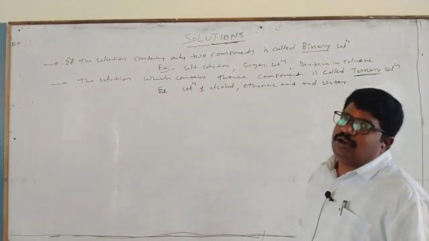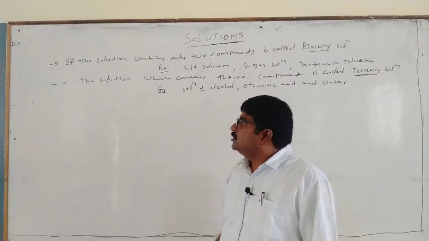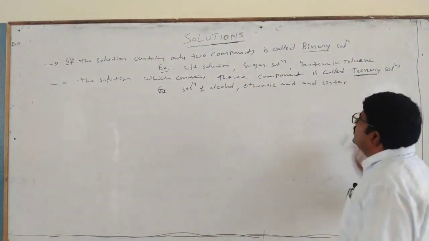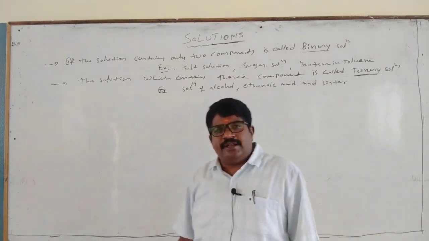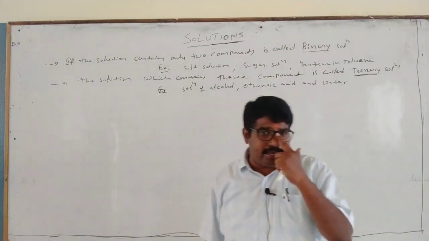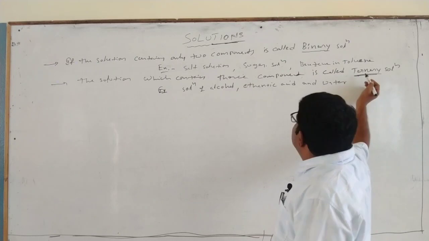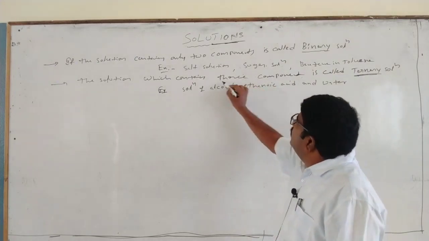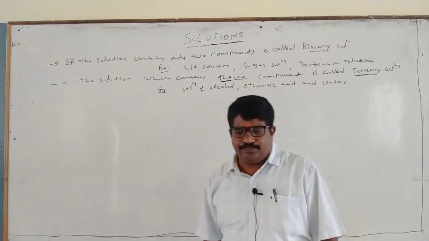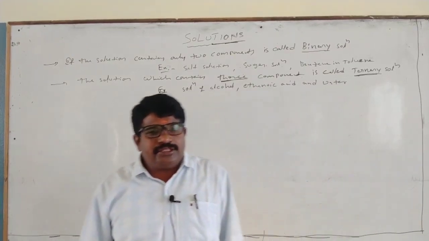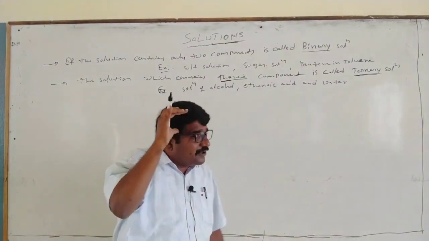These contain three components, so this is called ternary solution. What is binary? Binary means the solution which contains two components. Ternary means the solution which contains three components. Right. So next one, what are the characteristics of solutions?